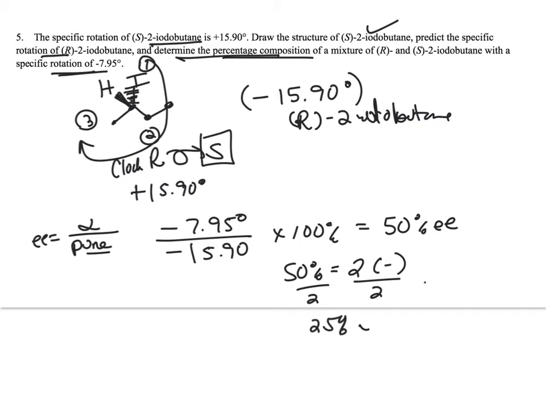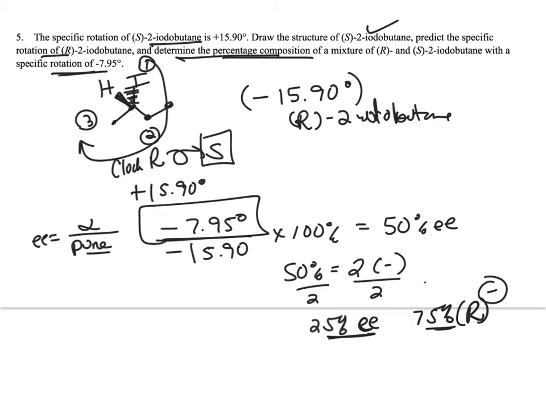Since that's your enantiomeric excess, that means 50% plus 25%, which is 75%, must belong to the R enantiomer. That's the negative. And then 100% minus the 75% gives you 25%, and that 25% would be the S enantiomer.